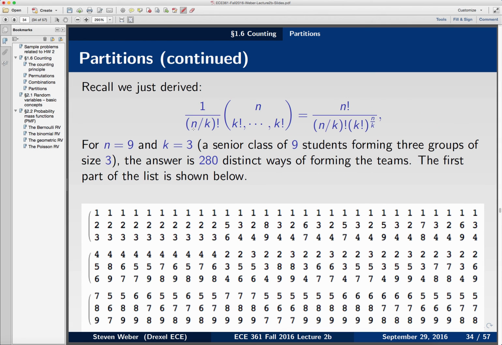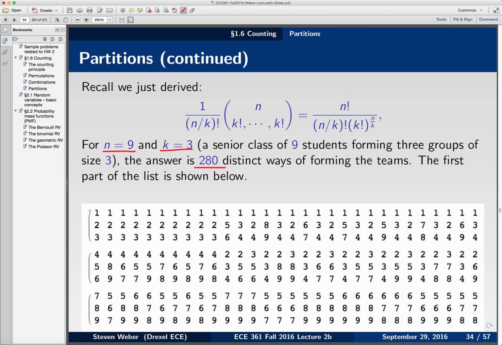So in the last slide, we just expressed this quantity as the number of distinct ways that n students could form themselves into teams of size k. For example, if n equals 9 students forming teams of size 3, then we'll have 3 separate teams. Then plugging this in gives 280 distinct ways of forming the teams.